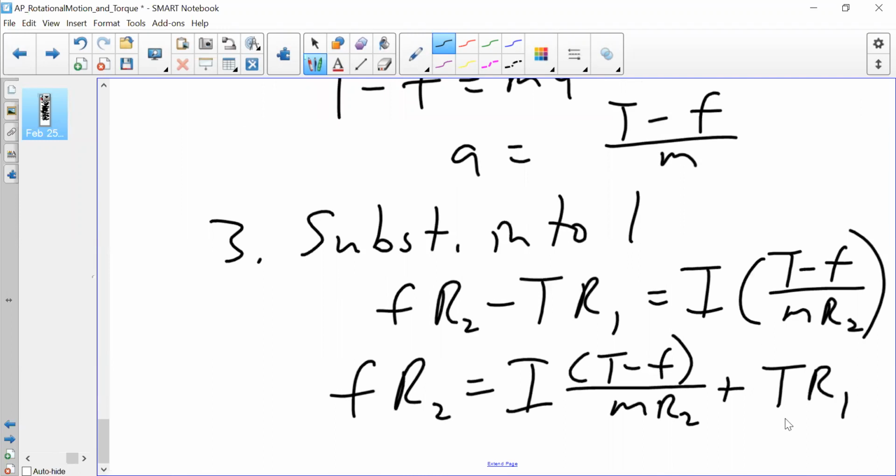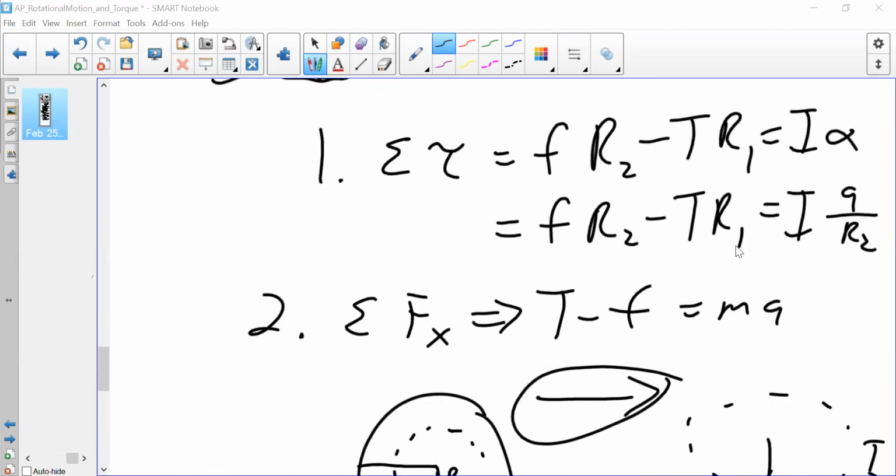So before, when you set up your equation, did you get two positives? No, friction is counterclockwise. So this is the expression that we start off with right here. Yeah, well, you had T as negative.